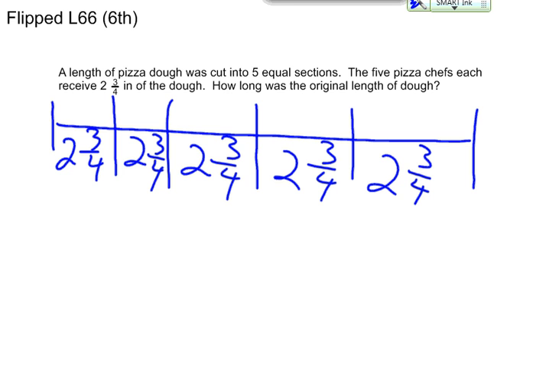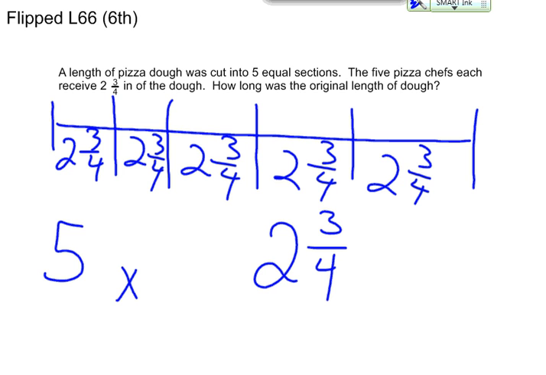Well, how do you multiply by a mixed number? And this is where we're going to pull in our ideas of last time. We're going to multiply 5 times our mixed number of 2 3/4. But before we can actually multiply that mixed number, we need to change that mixed number back into an improper fraction.